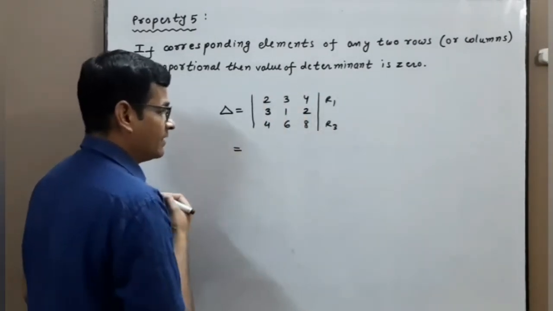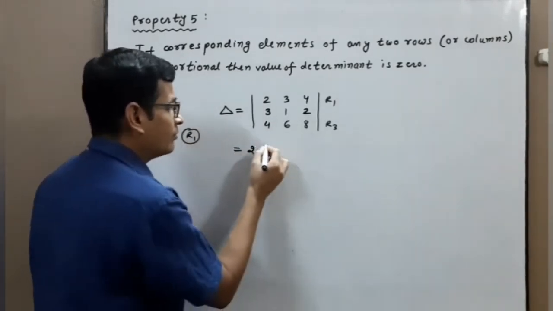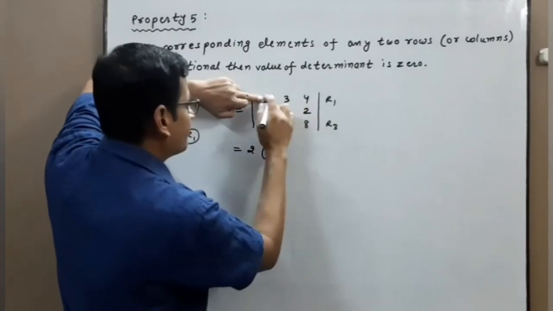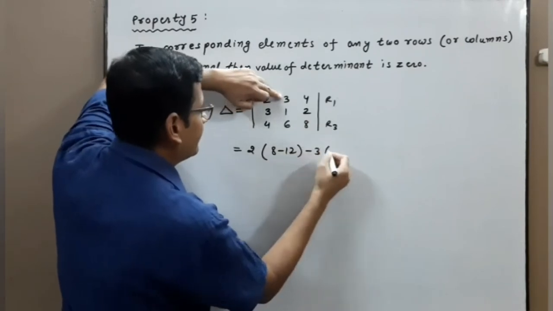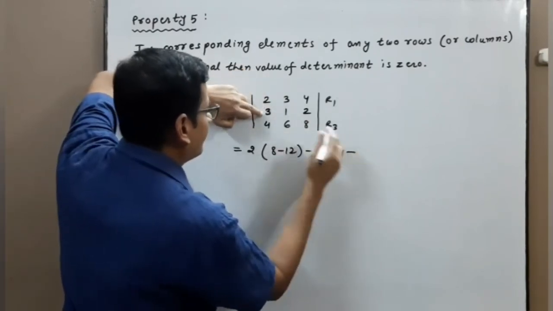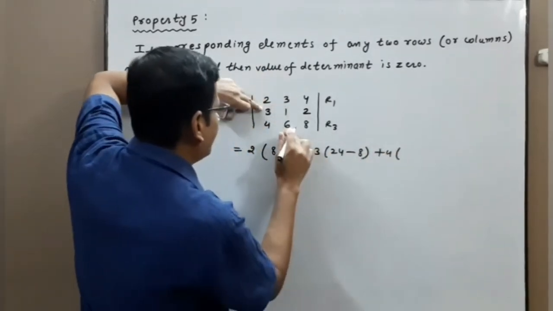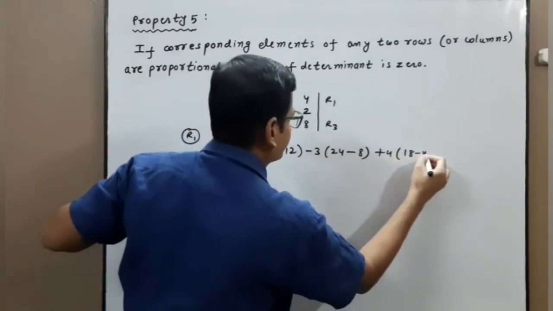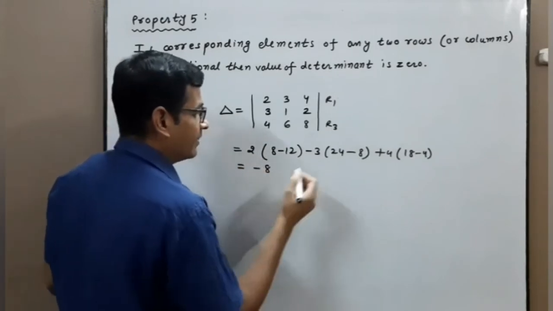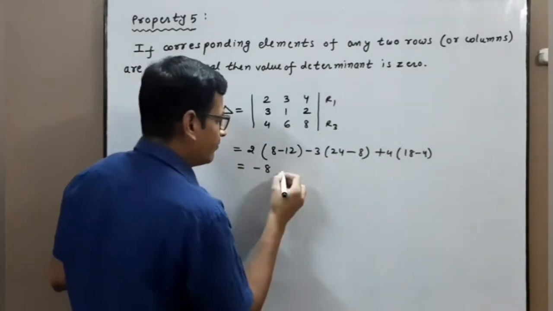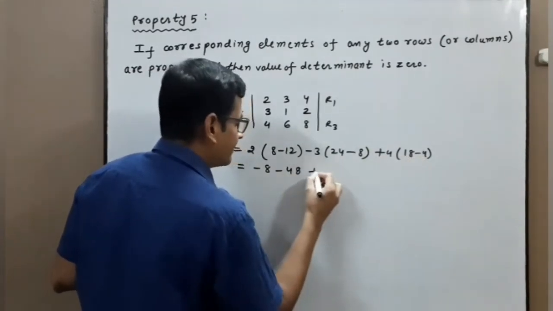Now cross check by calculation. Expanding along R1. 2 into, eliminating first row and first column, so 8 minus 12, minus 3. 8 3s are 24, minus 4 2s are 8, plus 4. 18 minus 4. 8 minus 12, minus 4 into 2 minus 8. 24 minus 8, 16 3s are 48. 18 minus 4, 14 4s are 56.